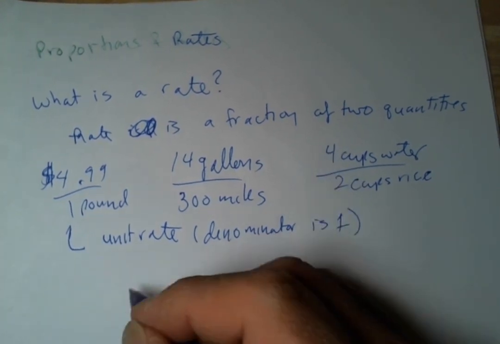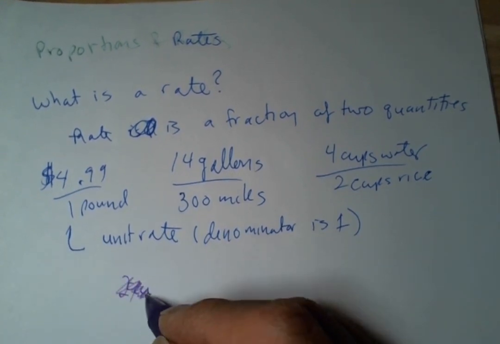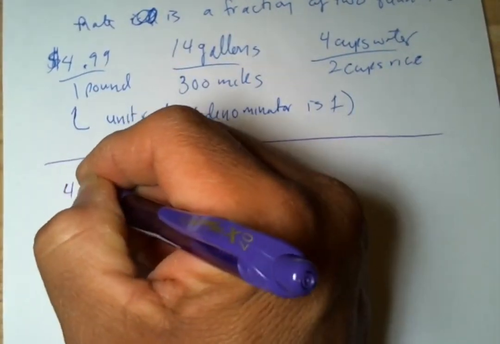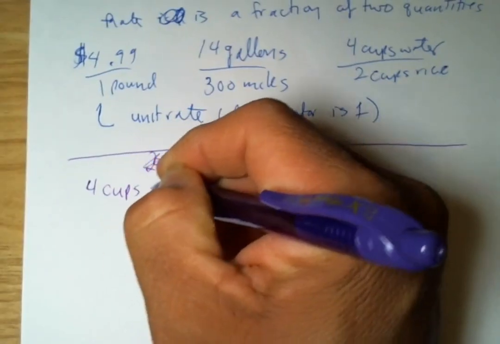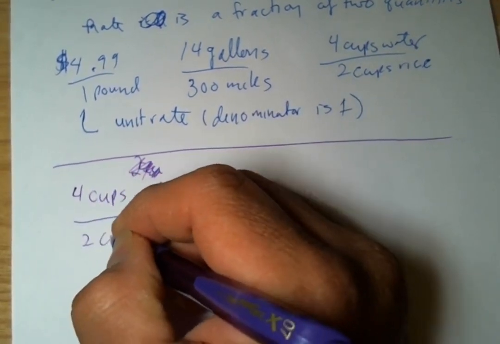So in the numerator, I can write 2 cups water. Right here, let me actually write down here, right? So here we have 4 cups water per 2 cups rice.